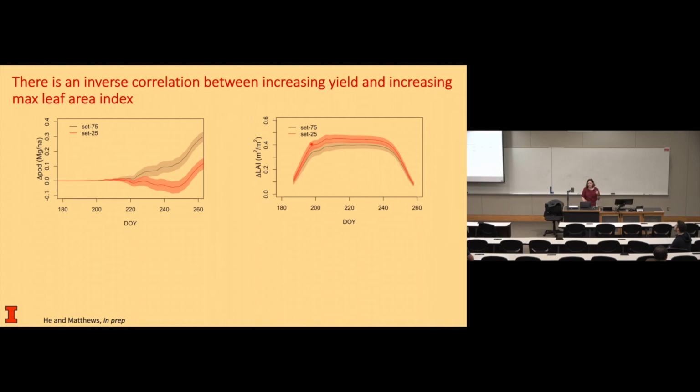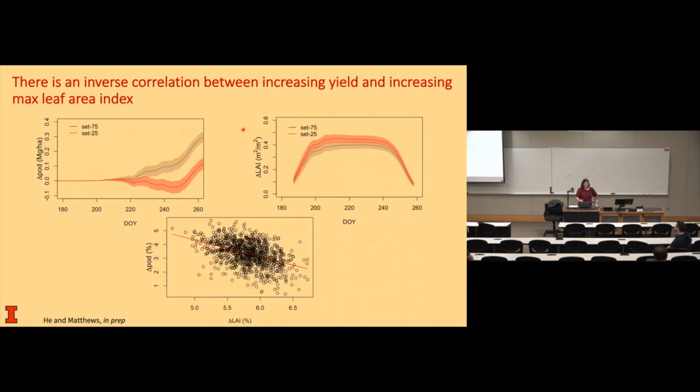Again, looking at the leaf area index, or canopy size, we see a pretty strong significant difference between the two sets of data: especially early in the growing season, the set that ends up with lower pod has a much larger canopy than the upper quartile that had the most pod. And if we do a linear correlation, we see a negative correlation between the size of the LAI, or canopy, and the pod.